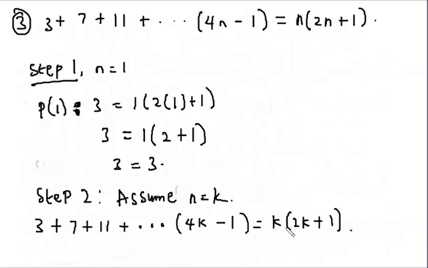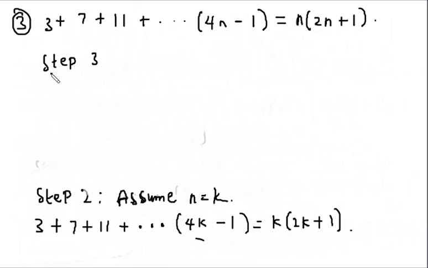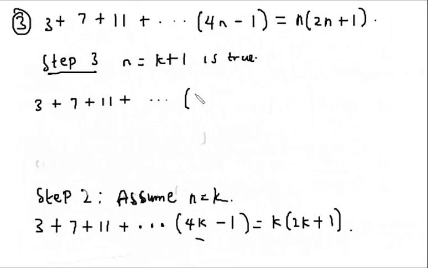Okay, so for step 3, we need to show that n is equal to k plus 1 is true. So to do that, we simply write out our terms. So this is plus 7 plus 11 plus on up to our kth term, which is 4k minus 1.